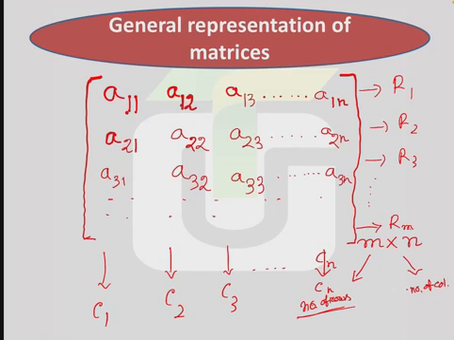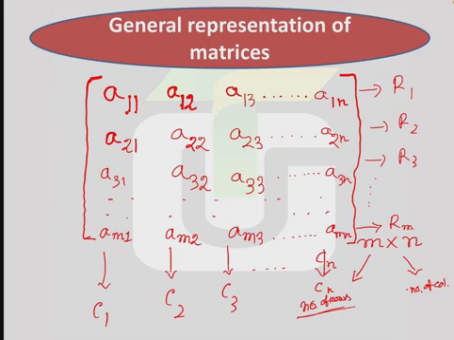Dot dot up to the last row. Row m, column 1, so Am1, right? Next is Am2, then Am3, dot dot dot, and row m and column n, so Amn, right?